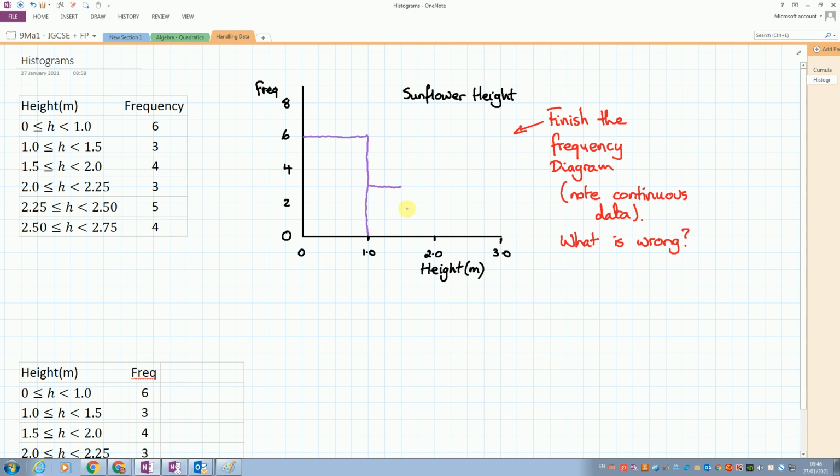So 1 to 1.5, notice that's 1.5, so it's narrower. 1.5 to 2 is 4. 2 to 2.5 is 3. 2.25 to 2.5 is 5. And 2.5 to 2.75 is 4. So we get another column like that.